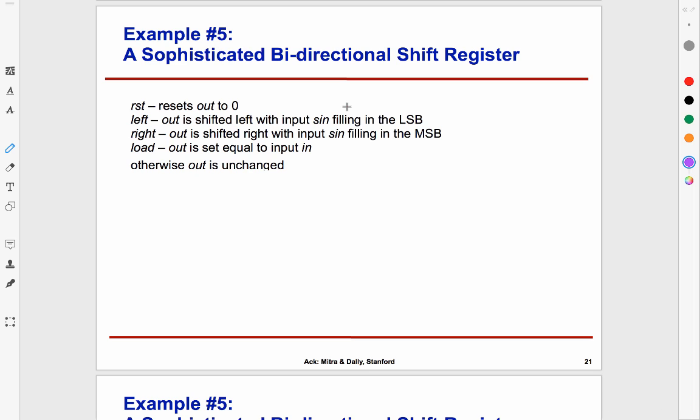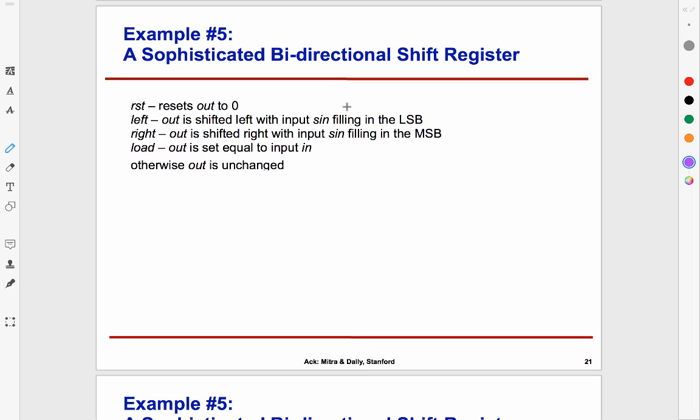Okay. Let's look at an even more complicated variant of this. So now what we have is a bidirectional shift register. On reset it goes to 0. I can now tell it to shift left or shift right.